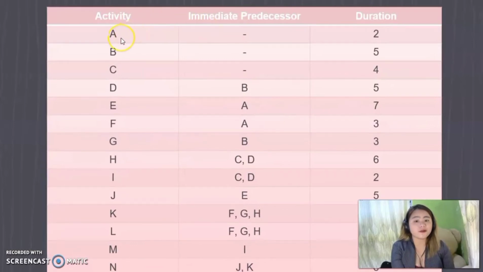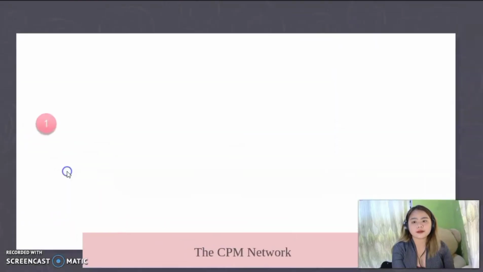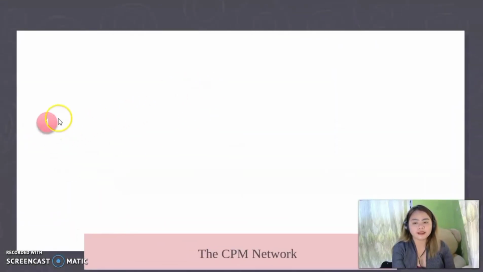So the first 3 activities, as you can see, activity A, B, and C, have no immediate predecessors. So therefore, we can directly begin drawing these activities, A, B, C. So here is node 1, and then we're going to draw here.